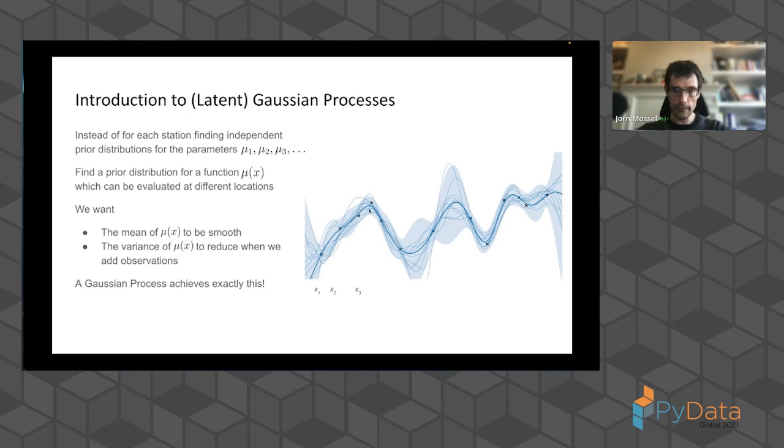But in this case, I have a few observations next to each other that help figure out what this function should be. And that's how, via the Gaussian process prior, we can have the different stations learn from each other.